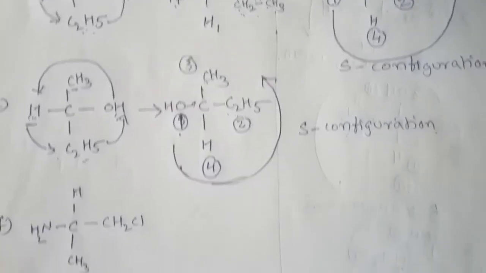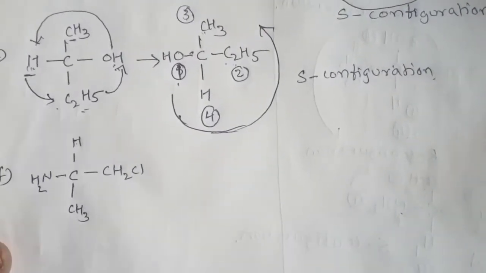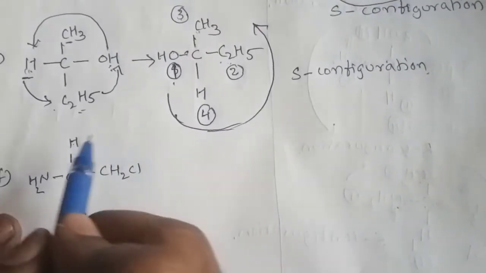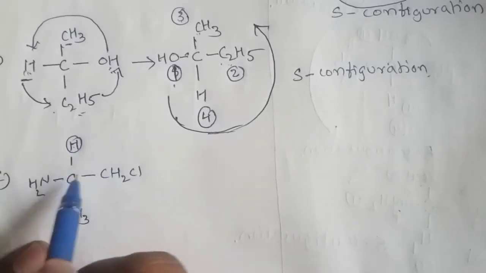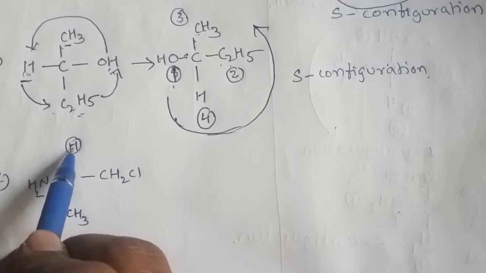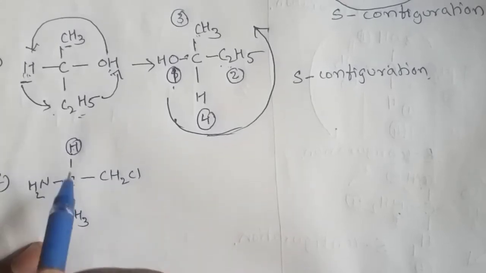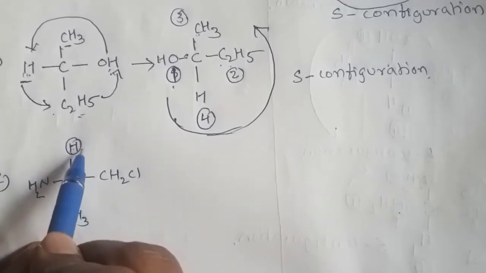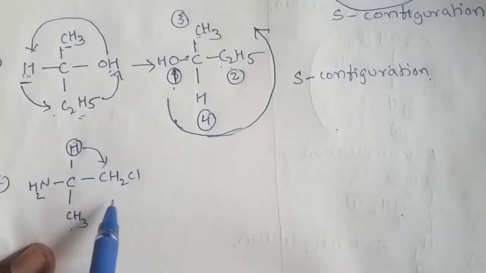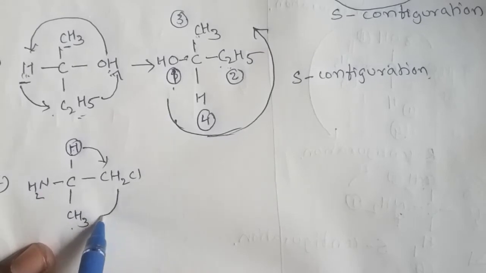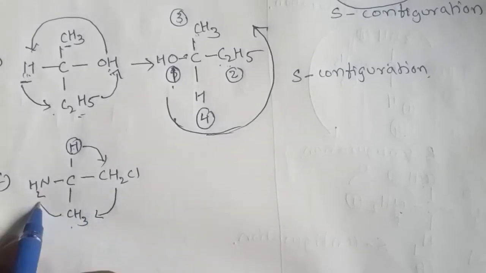Next example. Example F. Here hydrogen is at the top place. Top place means you have to bring this hydrogen to the bottom place. In this process, first you have to rotate this hydrogen from this place to this place. In the same way, this group shifts from here to here, and this group shifts to here.